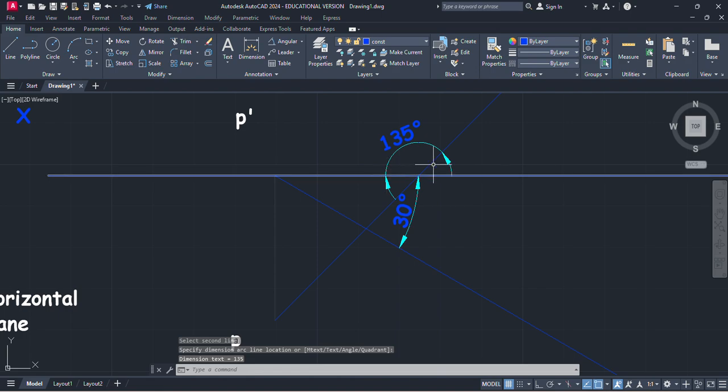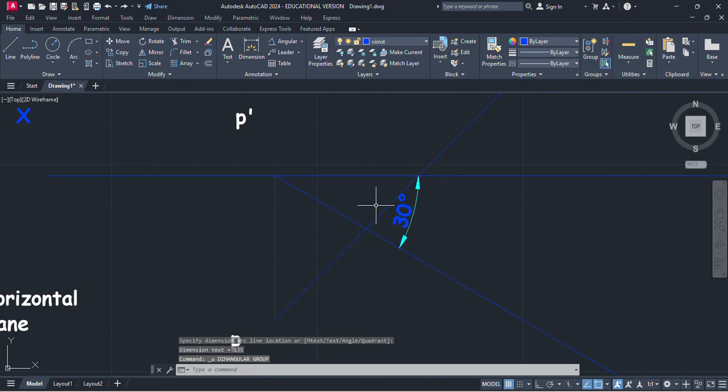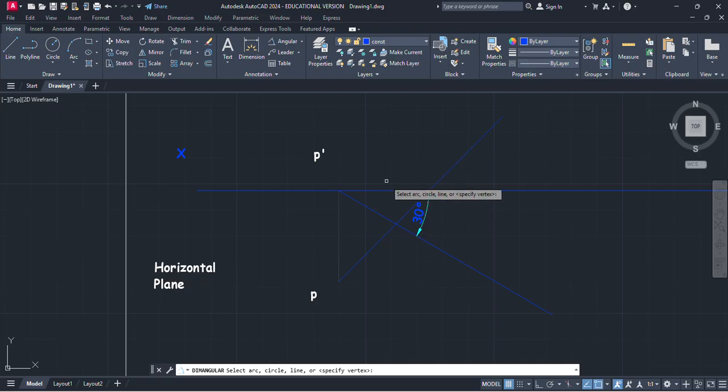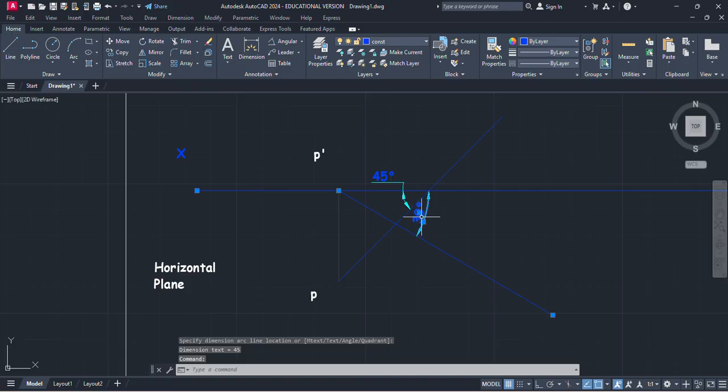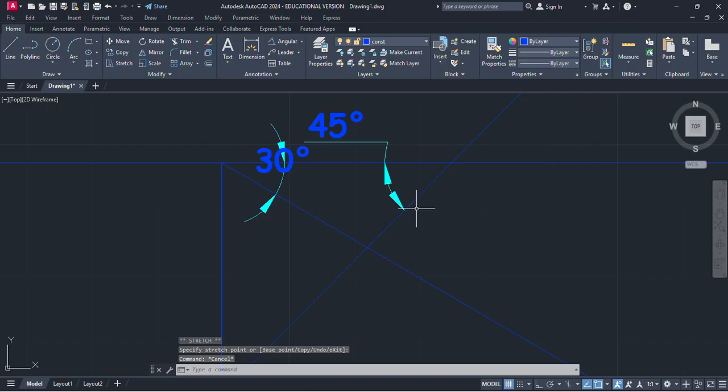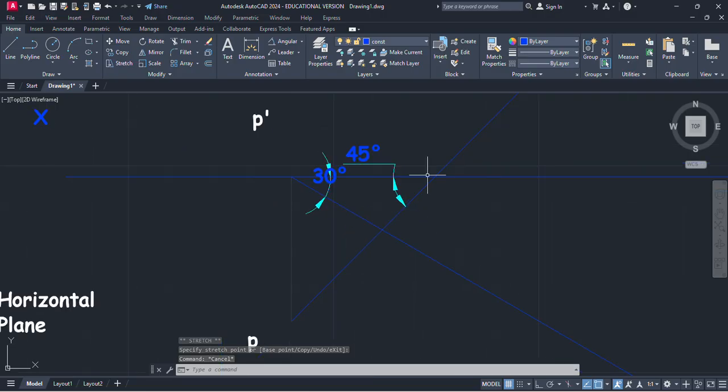So this is 45. This is 30, this is 45. Now this point of intersection is nothing but point Q.